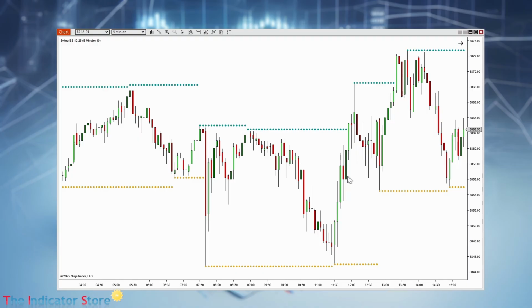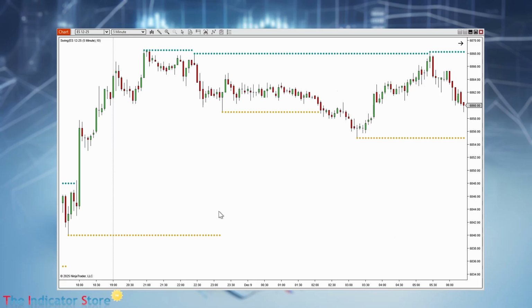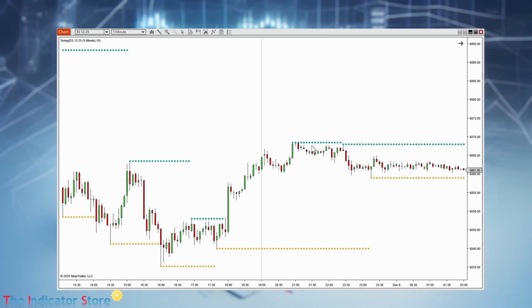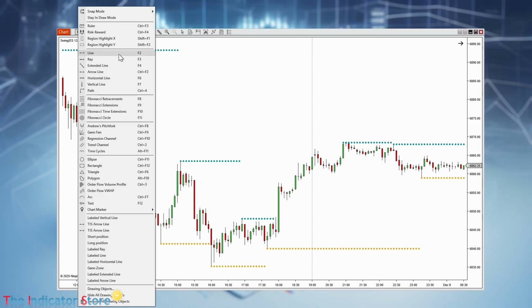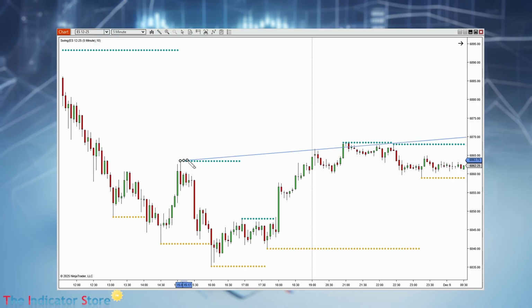Maybe what we are trying to detect is a possible break of any previous pivot. So a manual approach could be using the swing to detect the pivots, but then we need to extend those pivots manually using a ray or a horizontal line like this.